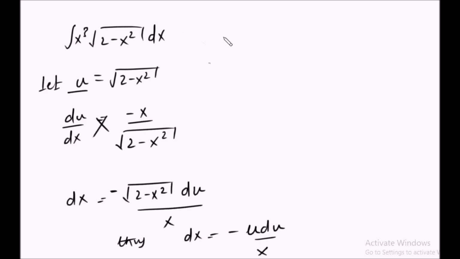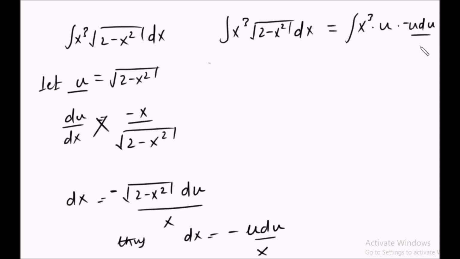So hii sasa, hii integral hii nikiisolve sasa kwa kutumia substitution method, bana nitakapo eliminate x itakuwa ni sawasawa na, so tuna x cube hapo, sawa, times hii square root of 2 minus x squared tumesema ni u, alafu huyu dx tumesema ni negative u du over x.